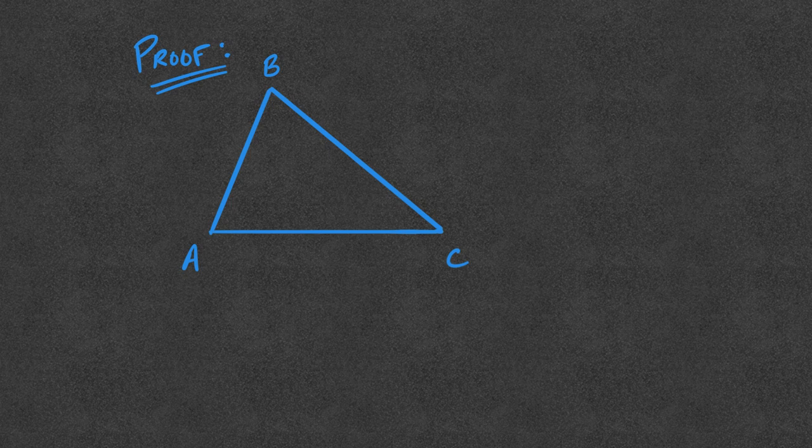Visually, I'm just going to drop it in from B, but as I said, you could extend an altitude from any vertex. Okay. There is my height, and just like last time, I'm going to call that H. I'm going to mark it as a height by marking that as a right angle. There we go.